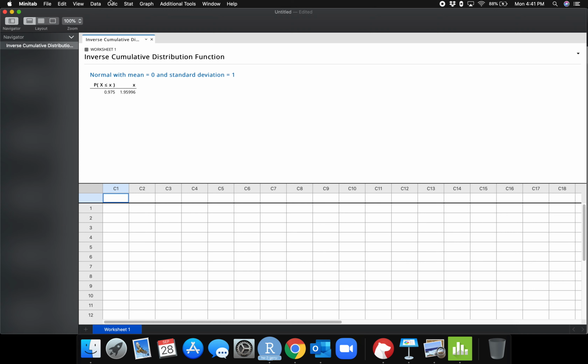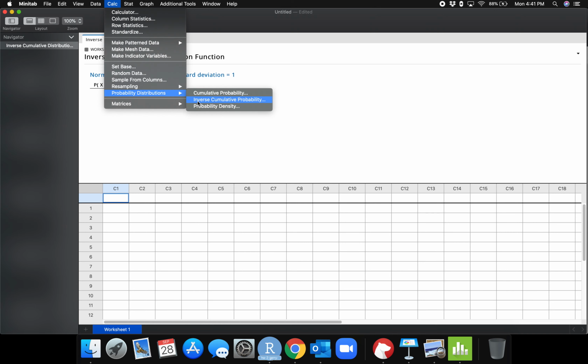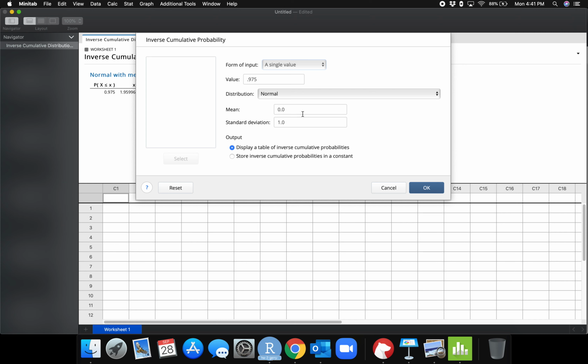Again, we're doing the inverse cumulative probability, mean 0, standard deviation 1, and now I need to find the value such that some percent of the data lie below that point. You need to do a little bit of arithmetic here. If I want 99% of the data to be in the middle, or included, then that means that 1% is outside of whatever range I'm including.